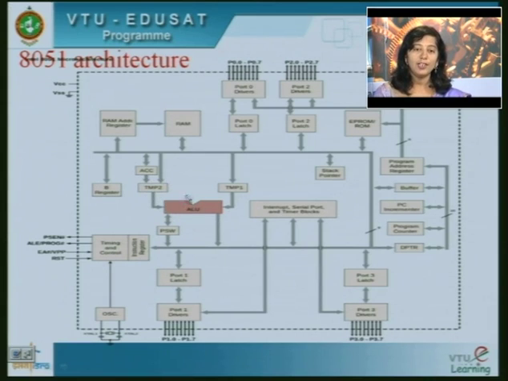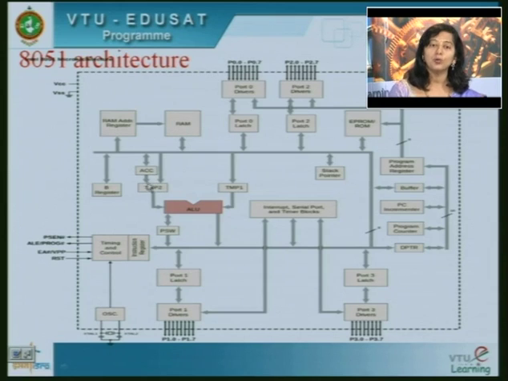So this ALU which is shown here is the arithmetic and logical unit which will perform the actual operation. So the operands are in the accumulator and B register. They are fed through 2 different temporary registers to the ALU which performs the operation, and based on that it will set some flags.